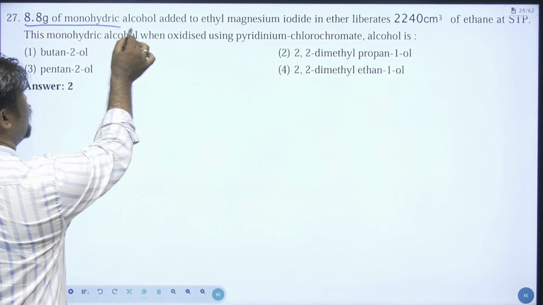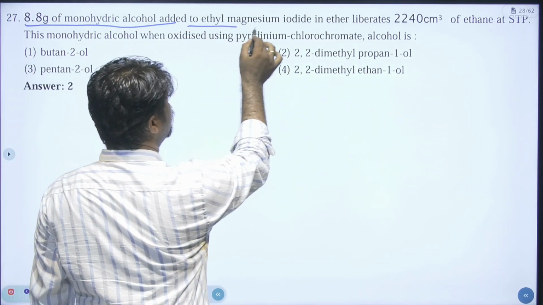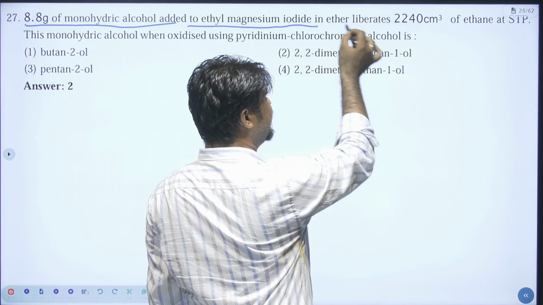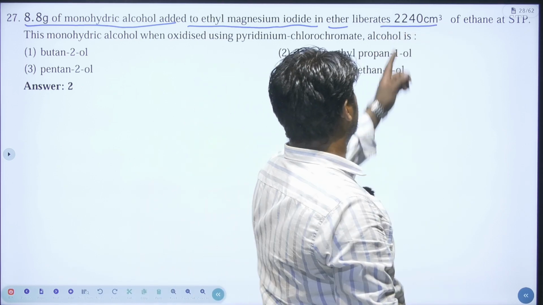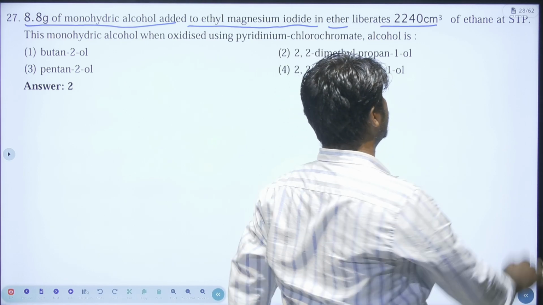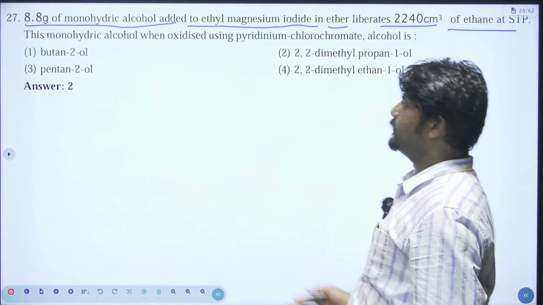8.8 grams of monohydric alcohol added to ethyl magnesium iodide in ether liberates 2240 cm cube of ethane at STP.